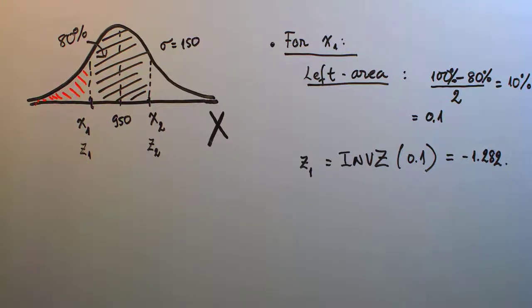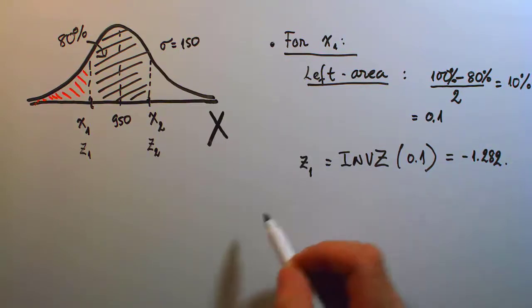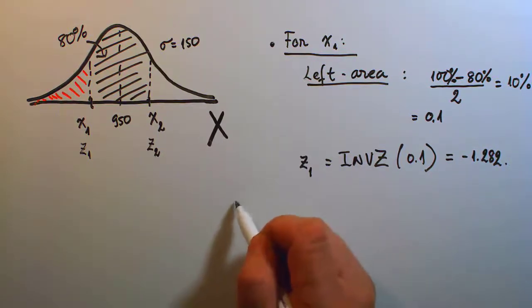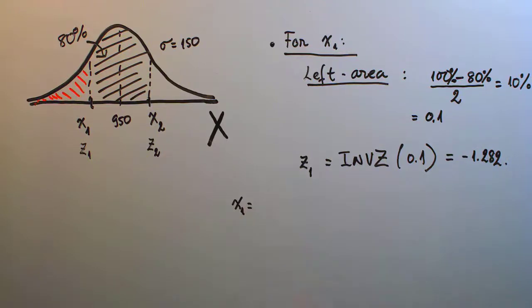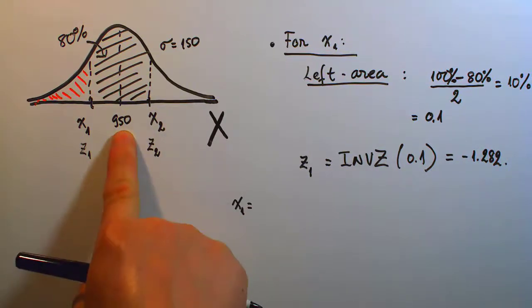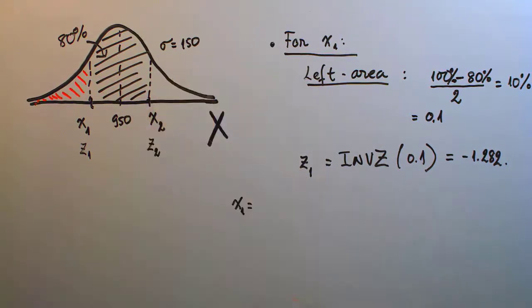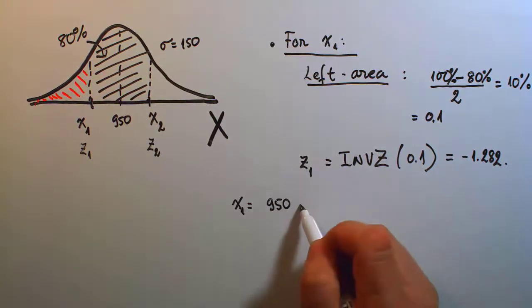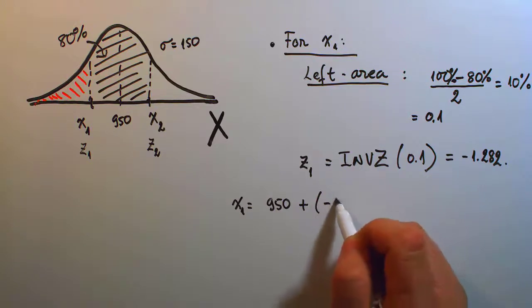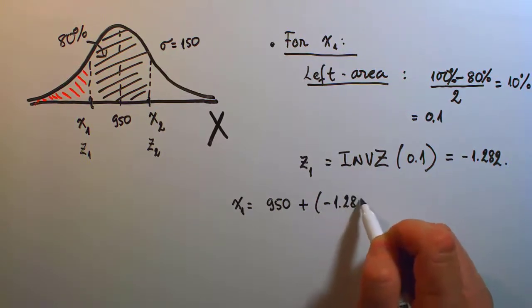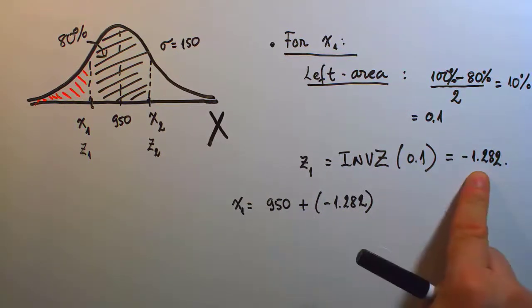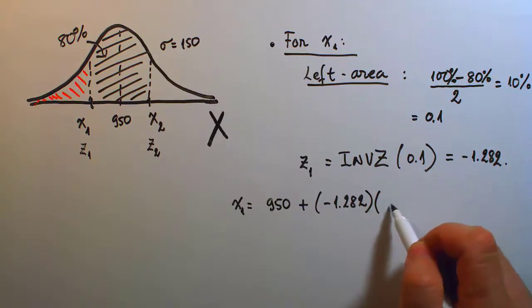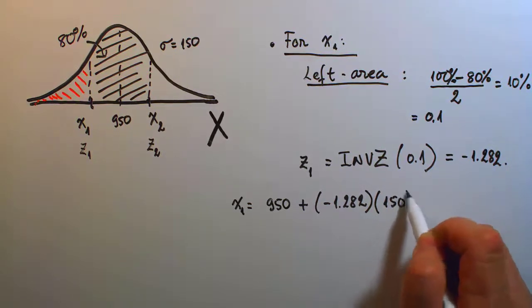And so we have learned from an earlier part of this video that to find x1, all we do now, on this bell curve with given mean 950 and standard deviation 150, is start with 950 where the mean is. I am going to add negative 1.282, the z-score we found previously, multiplied by the given standard deviation 150.